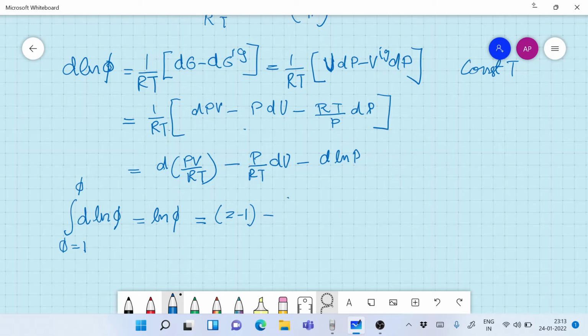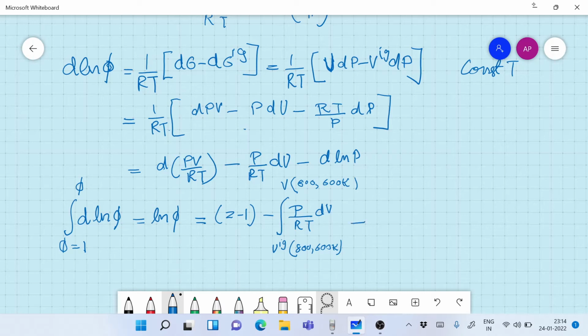The second integral P over RT, let's leave it at that, dV, where the lower limit is going to be the volume of the gas if it were behaving as an ideal gas at pressure 800 kilopascals and temperature 600 Kelvin, to the volume of the gas if it was a real gas, in this case a van der Waals gas at 800 kilopascals and 600 Kelvin.